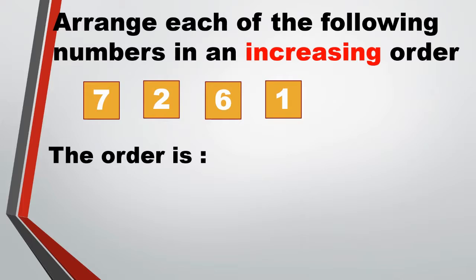Yes, 1. 1 is the smallest number in this line. Which is the next greater number immediately after 1? Right, 2. 2 comes after 1. Which is the number just after 2?